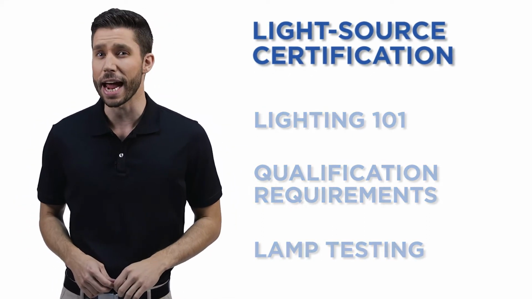Let's first look at JA8 certification. In Module 2, we talked about classification of light sources as high efficacy under the energy standards. For this module, we'll be looking particularly at the lamps and light sources that must be JA8 certified.